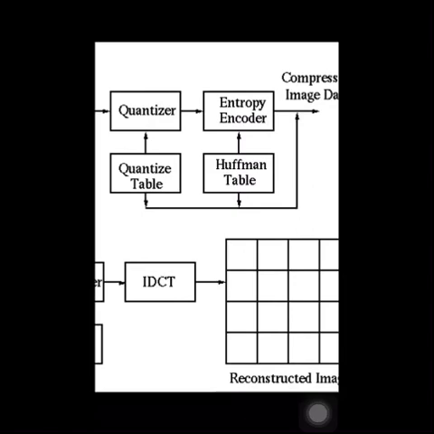As you know, that is how Huffman coding works. It works on the probability of the symbols. The higher the probability of any symbol occurring, the shorter the code for that particular symbol. The lower the probability of any particular symbol occurring, the longer the length of the code.